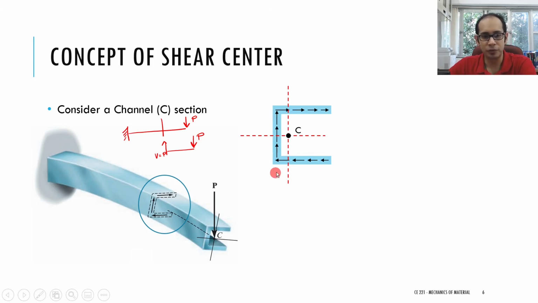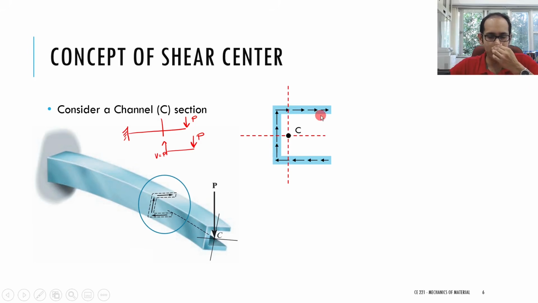Also remember, since it's the flow of water, this vertical arrow that you see over here must be equal to this arrow over here. Now the last thing to remember from what we had seen before: if the line of action of the force, this V, is acting vertically up over here, then from what we had learned in our previous discussion on shear flow, for sections of the member which are perpendicular to the line of action of the force, the shear flow is also perpendicular, it acts parallel to the edges, and in this vertical section, which is parallel to the line of action of the force, the shear flow is going to be parallel.